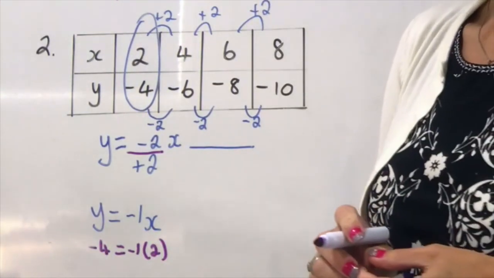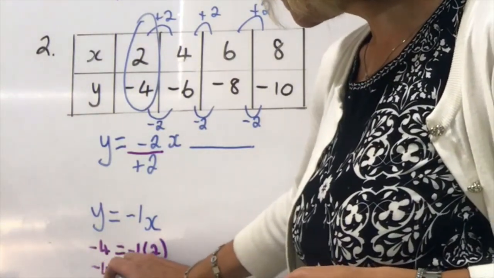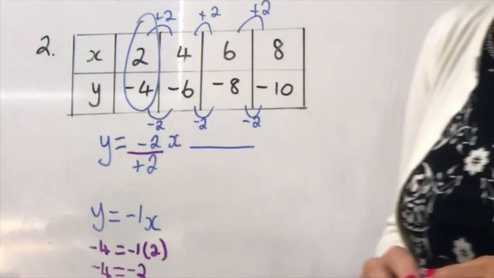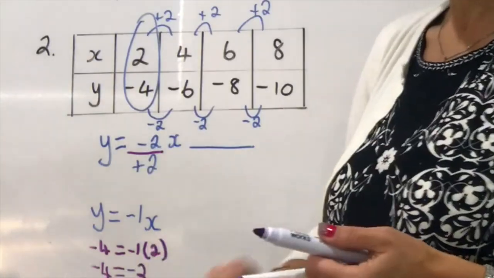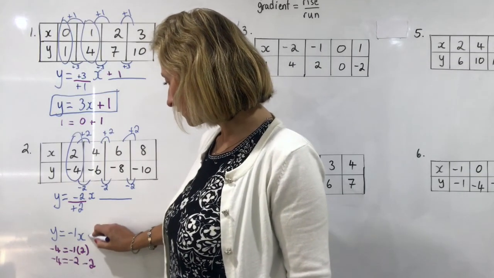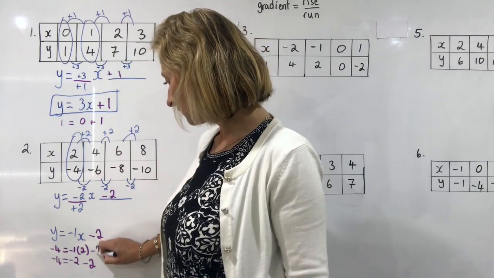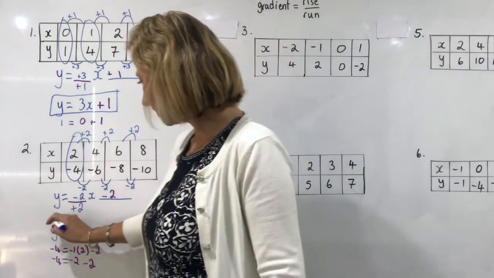But of course, minus 4 does not equal minus 2. What do I need to do to minus 2 to get minus 4? Minus 2 equals minus 4. So that has to be minus 2 and that has to be minus 2 to make it all work. And that's the equation of my line.